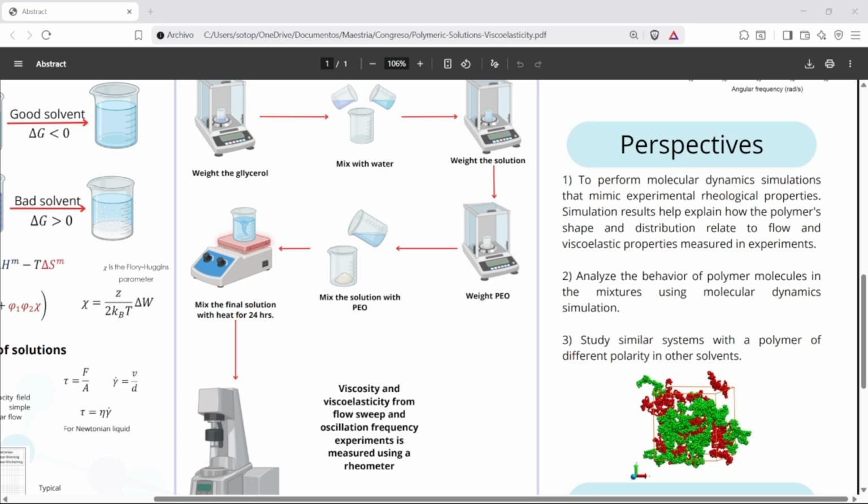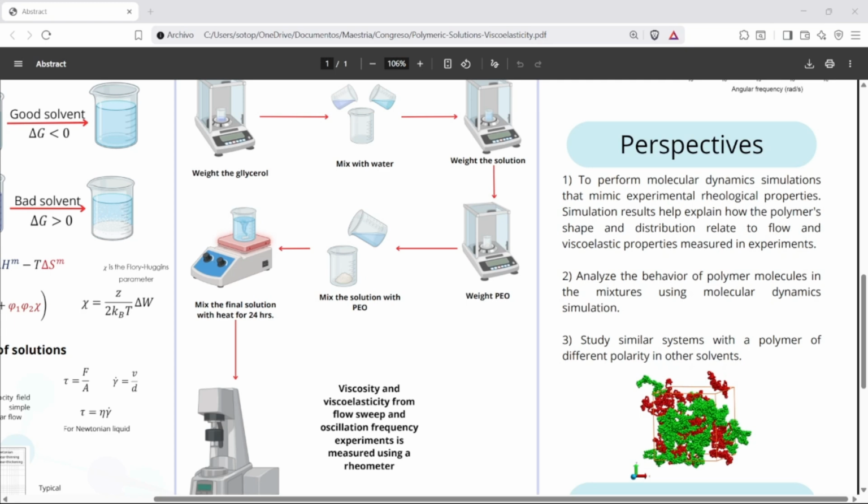Molecular dynamics uses Newton's laws for the implementation and integration of the different equations for the simulation, so we can obtain experimental results like viscosity or viscoelasticity behaviors.